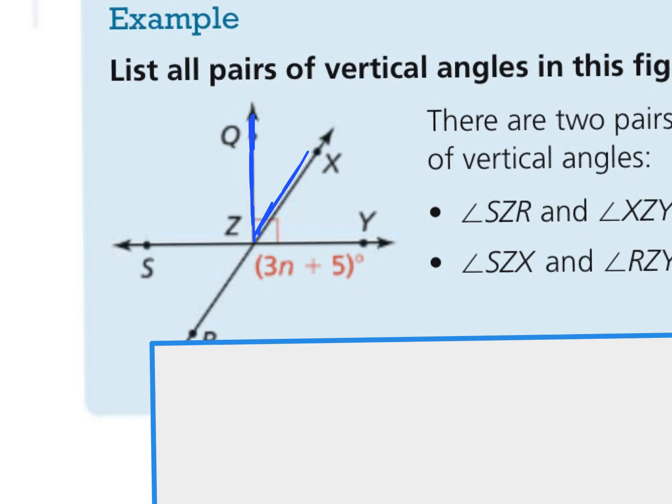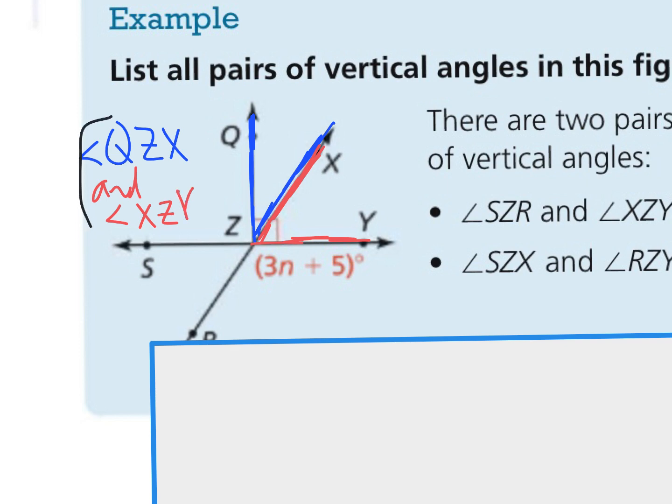So we just need the two angles that would form that. So that would be angle QZX and angle XZY. You can see those two angles add up to 90 degrees, so those would be complementary.